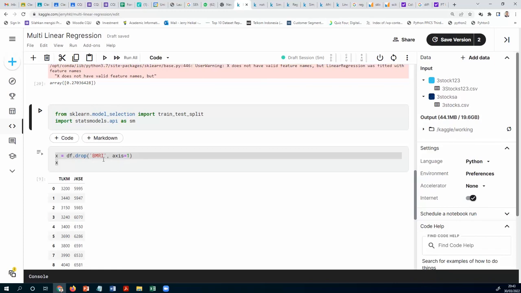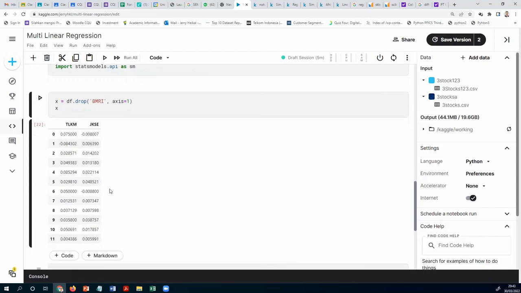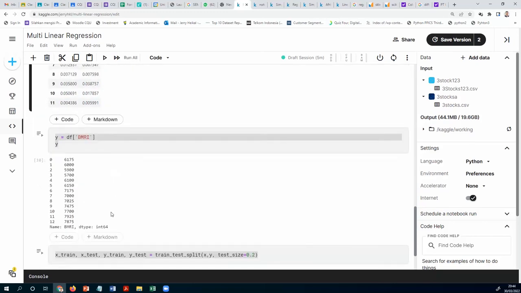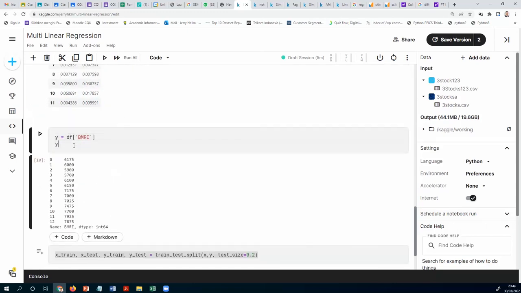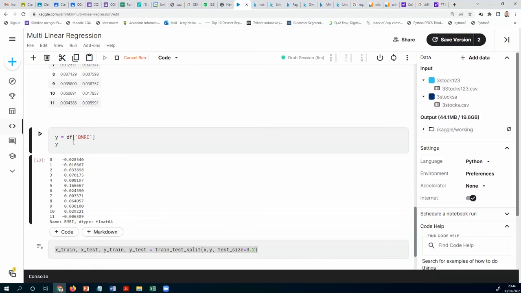So we drop Mandiri. Let's see what the data looks like. Since we drop Mandiri, the data will be Telkom and Jakarta Stock Exchange. And then Y is Mandiri. So this is the return on Mandiri, month by month.